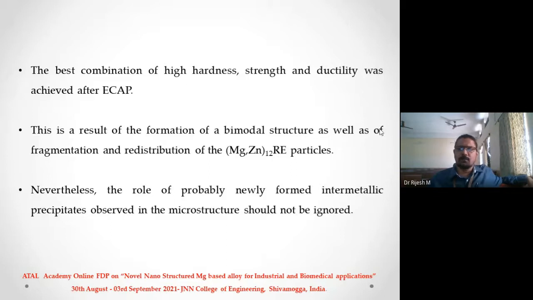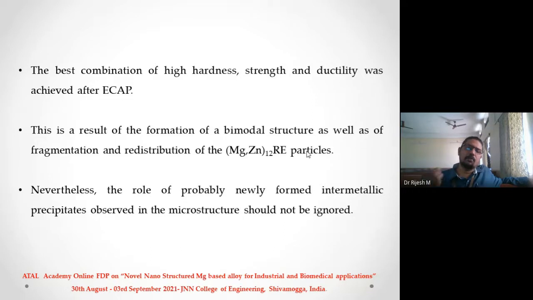And on top of that, when you have precipitates like magnesium, zinc, and rare earth metal precipitates, due to the high stress that you're giving for plastic deformation, they'll fragment and redistribute themselves, giving a good amount of strength and ductility.